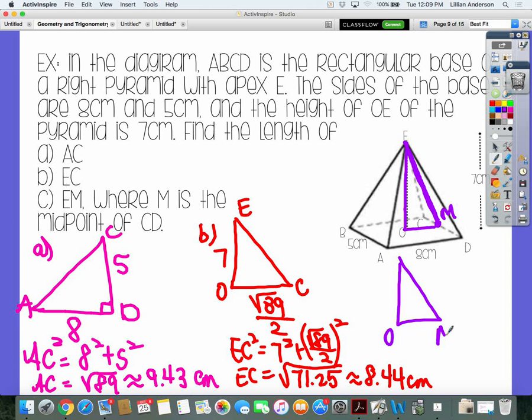It's 4, because it's half of AD. So that's 4, and this is 7. So EM is basically those two squared. What is that before you type into your calculator and round? Square root of 65, which is about 8.07.